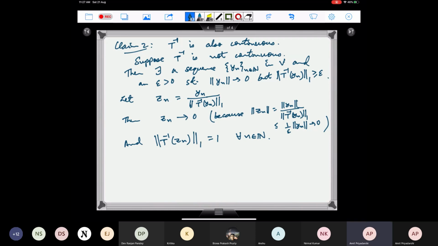This sequence T inverse zn is a sequence in the compact set B that we defined.